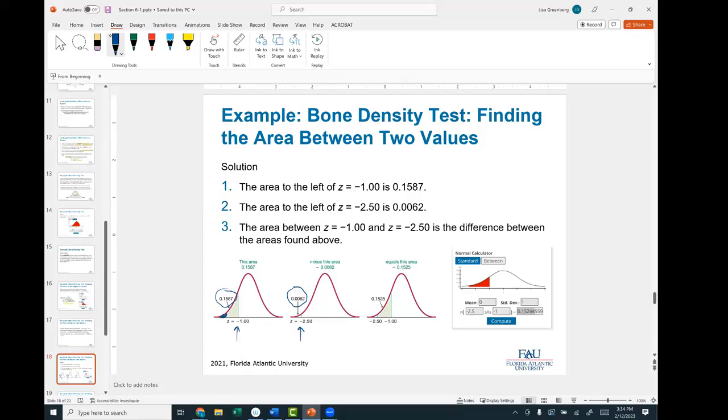So that gives me my area of 0.1525, which is actually a little higher, because this is from the table, than what we actually got. Okay, but really close.